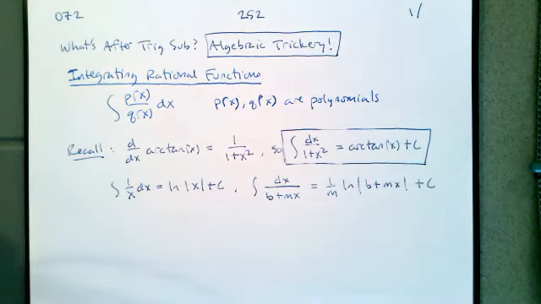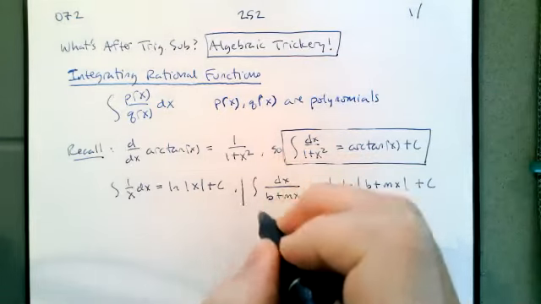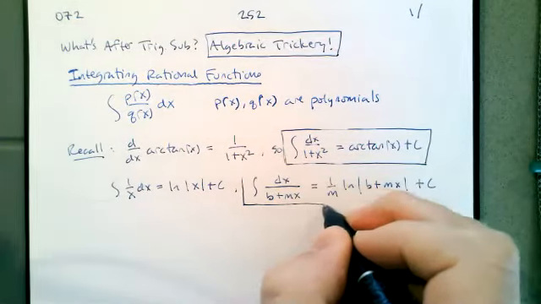So mx plus b is just a generic linear term. When we integrate 1 over a linear term, it will be the natural log of the absolute value of that linear term. These are the important facts that we have in evidence. These are the things that we already know.